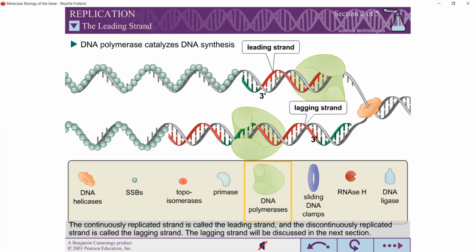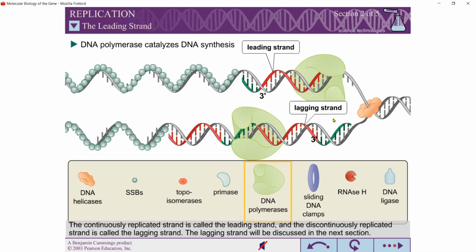Hence, this particular red new daughter strand will be synthesized in the direction of the replication fork. So no problem. The helicase is constantly opening and the new daughter DNA is being synthesized in the direction of the replication fork. So this strand is synthesized continuously and is also known as the leading strand.